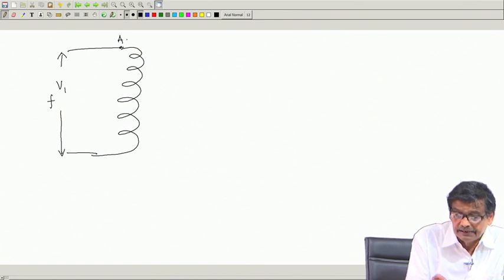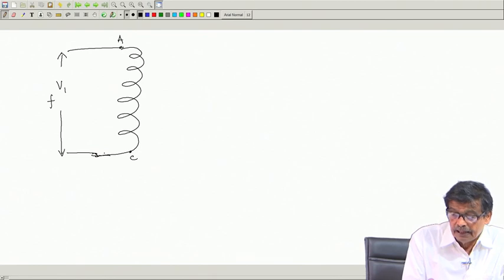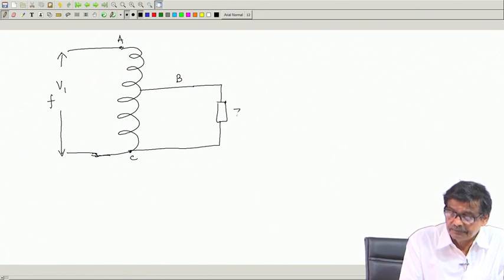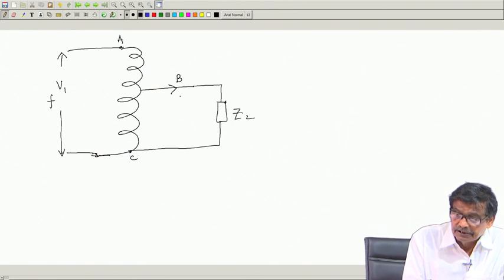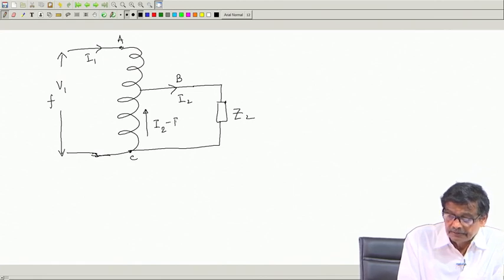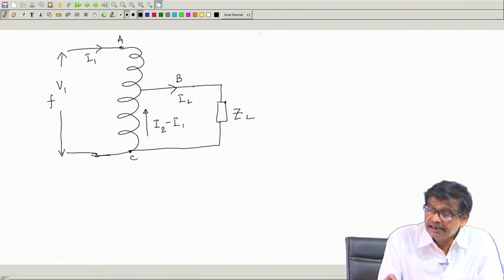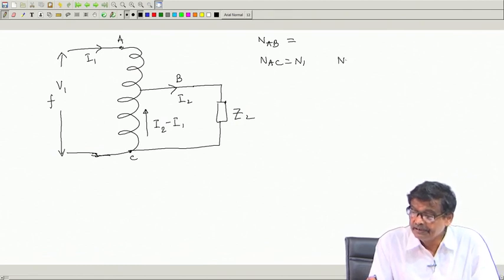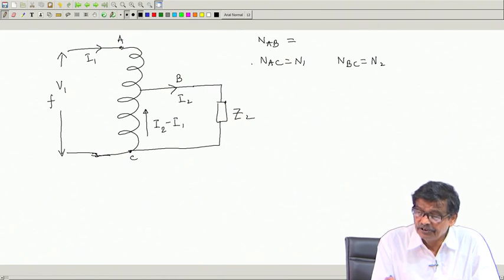This point I call A, this point is C, and here is the tapping B, and here is the load connected, Z2, the secondary load, and this was the current distribution: I2, this was I1, and then this current was I2 minus I1. The number of turns NAC is equal to N1, the total number of turns, NBC is equal to N2 turns, and from these two we get NAB equal to N1 minus N2.